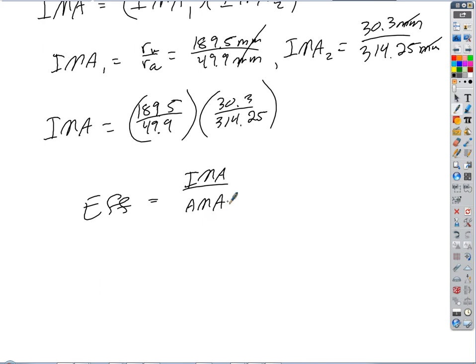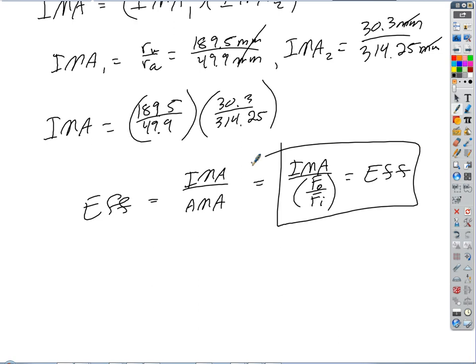This is stuff that we know, right? So that equals IMA divided by output force over input force.